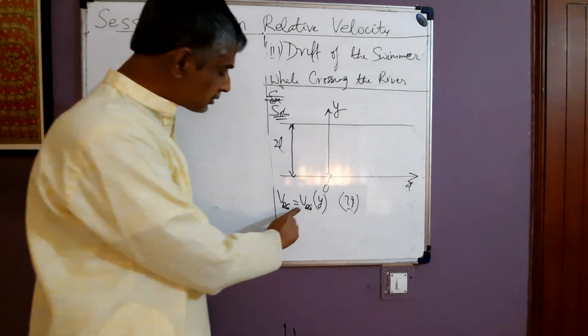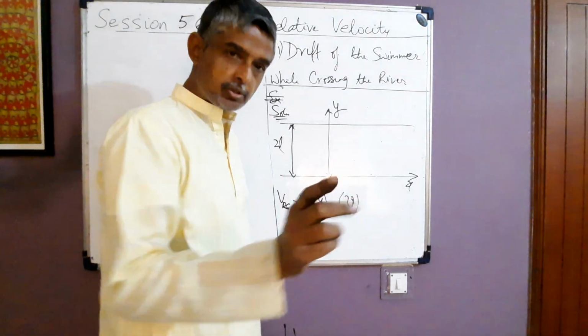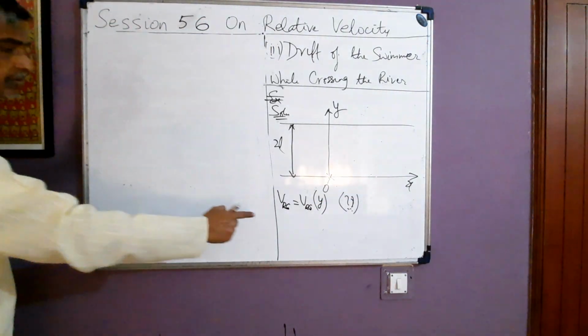So there will be two expressions for VRG, first for first half of river and second for second half.